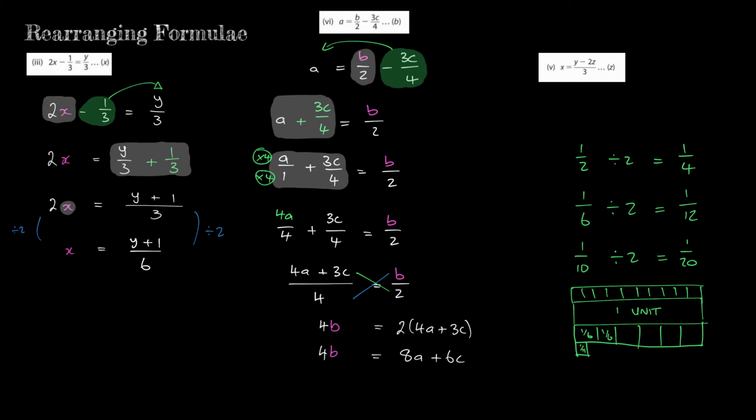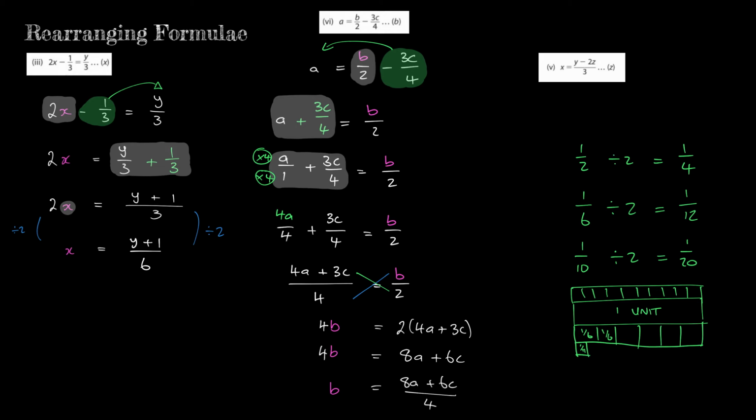So to get b by itself, I need to divide both sides by 4. So b will be equal to 8a plus 6c all over 4. Now, depending on what way you give your answer, it's most likely that they would have simplified that and divided everything by 2.